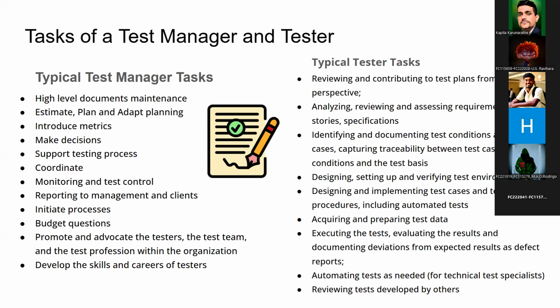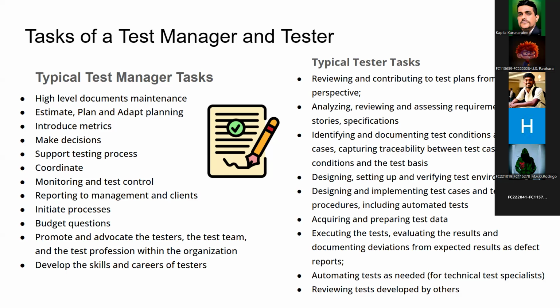You need to guide and promote testers and the test team, and develop the skills of the engineers. The lead's tasks are somewhat similar, but a lot of managerial tasks go to the manager and fewer come to the lead, though mostly they are equal. The senior engineer and engineer tasks are again similar.